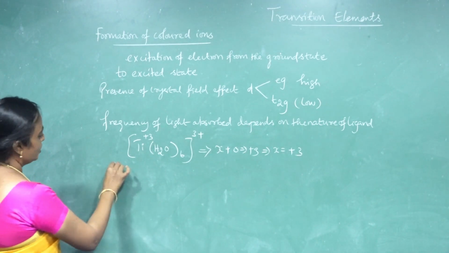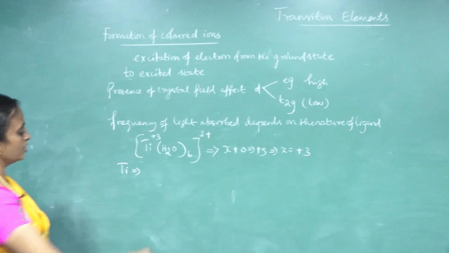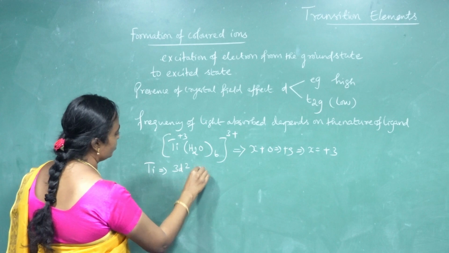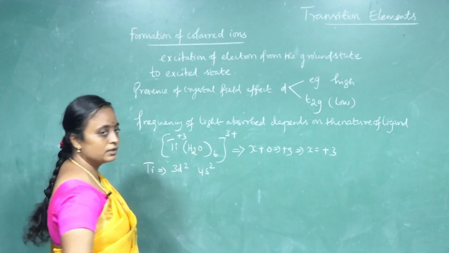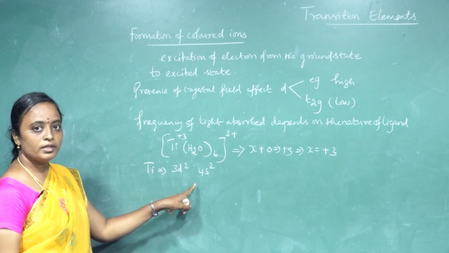Titanium's outer electronic configuration is 3d2 4s2, that is, 2 electrons in the d orbital and 2 electrons in the s orbital.